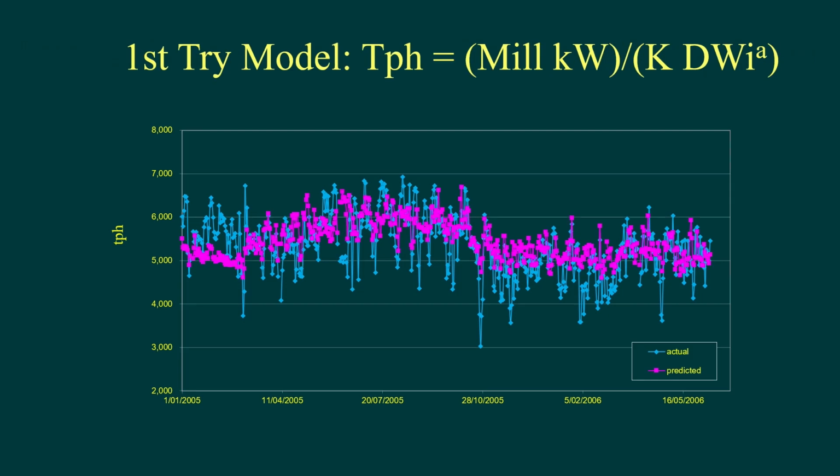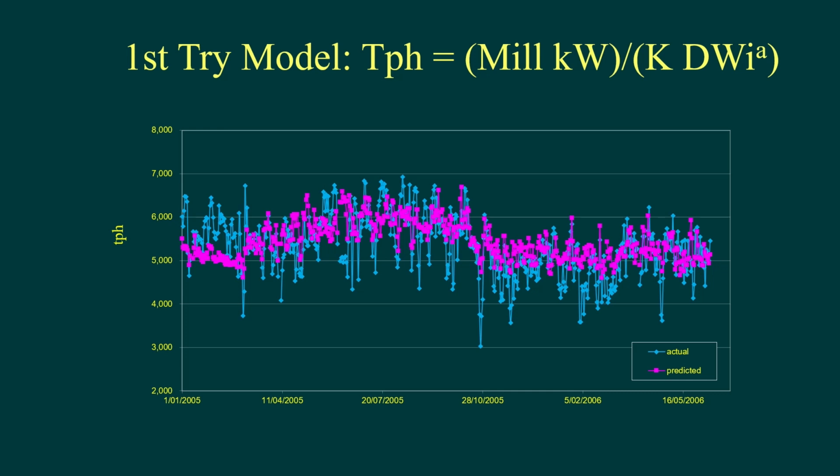My advice is, when you're trying to develop a geometallurgical model, make the assumption that simple is best. Quite often it is. If it's not, then make your model more complicated and sophisticated as you go on and develop it further. So in this particular case, I decided to start with the very simplest model I could possibly devise. If you remember that previous equation, it said kilowatt hours per tonne as a function of F80 and DWi.